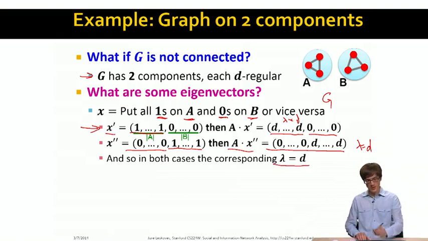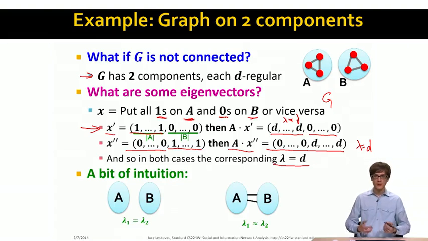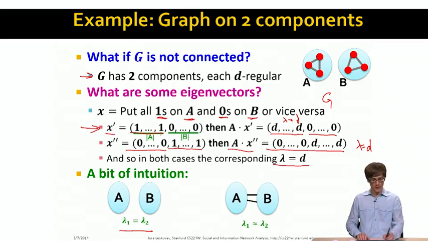In both cases, the corresponding eigenvalue equals d. So if I have a d-regular graph with two connected components, then I have the eigenvalue lambda equals d with multiplicity 2, which means there are two eigenvectors corresponding to the eigenvalue d: the first is x prime, and the second is x double prime.